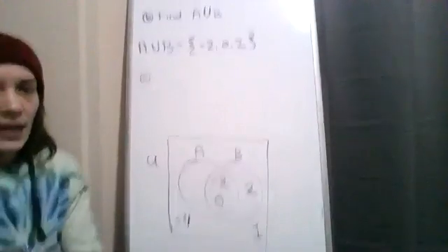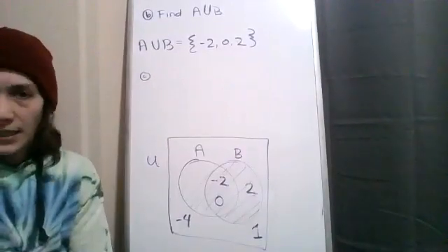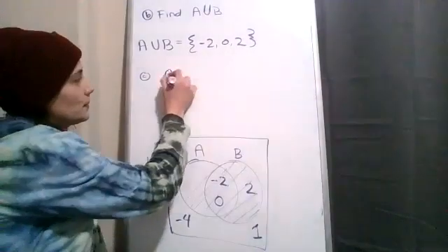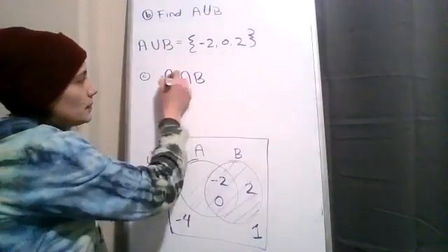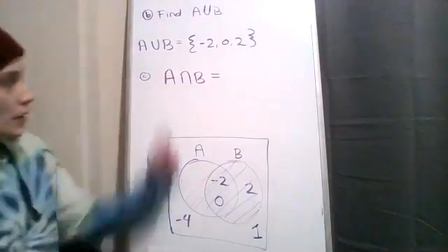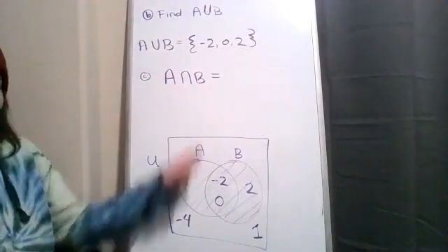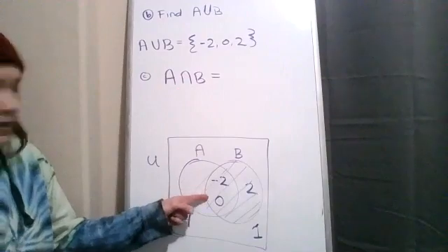Next, A intersect B. So it has to be in A and B, which is the overlapping part, -2 and 0.